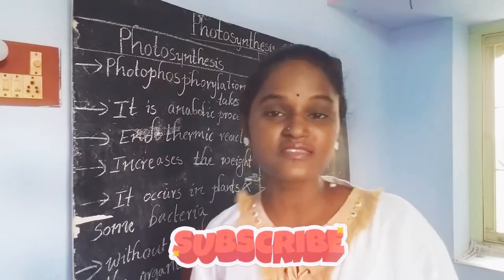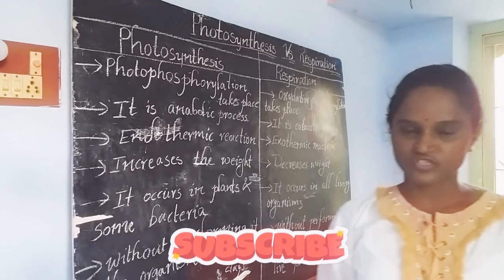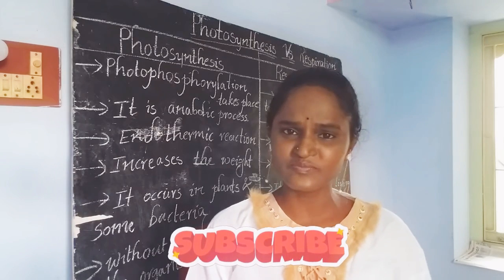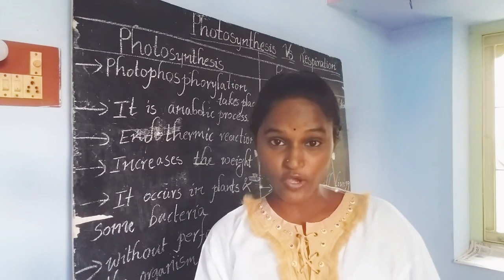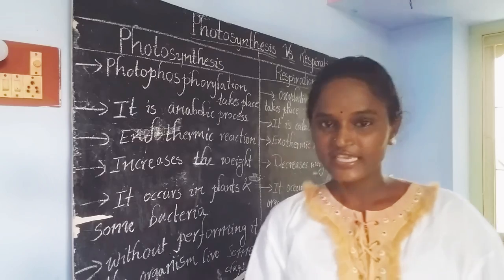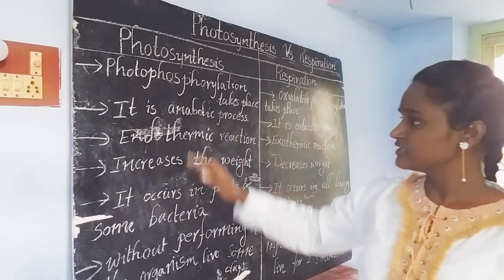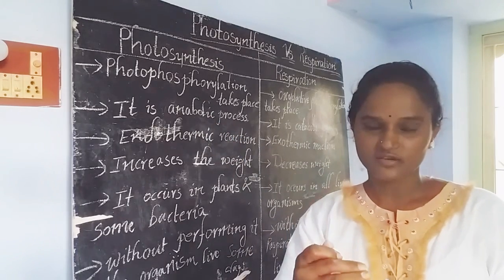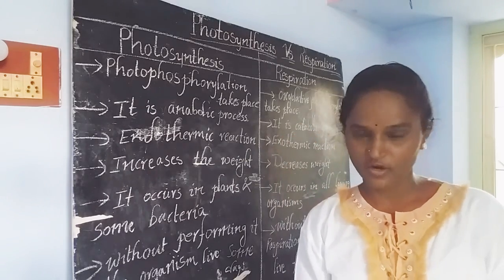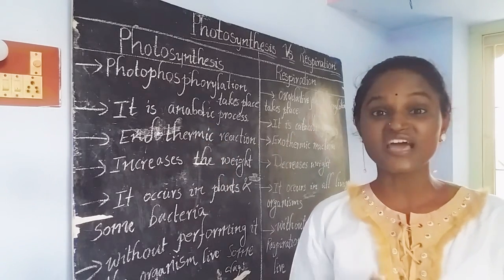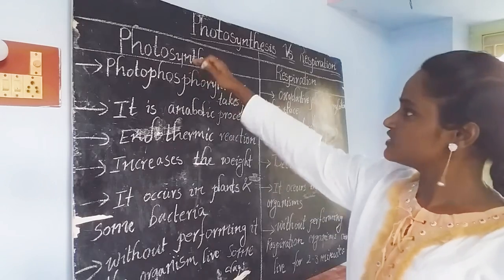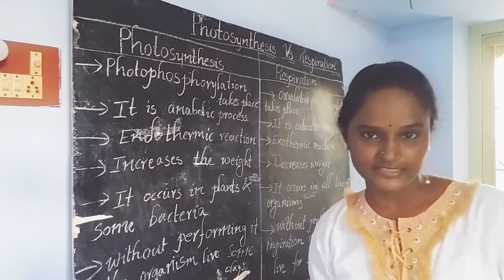The next one: photosynthesis is an anabolic process. What is meant by anabolism? We heard the words anabolism and catabolism. Anabolism means a formation process, formation of molecules. It involves construction, the formation of food materials.